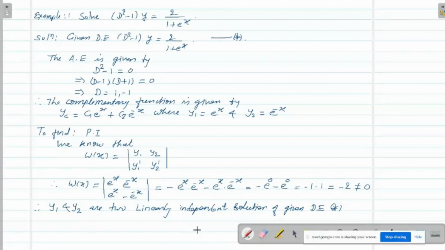Now our job is to find u. We know the formula of u equal to negative integration of y2 x divided by W, the Wronskian.